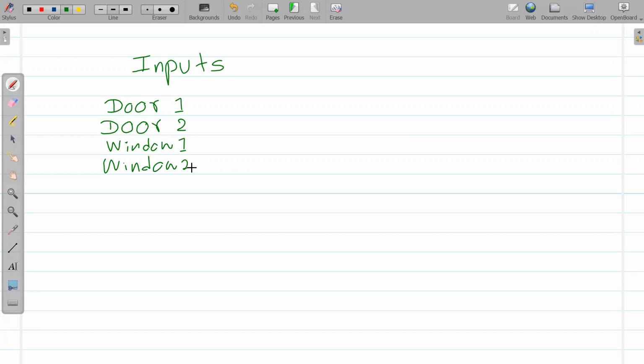As we know, if it is open, it indicates 1.